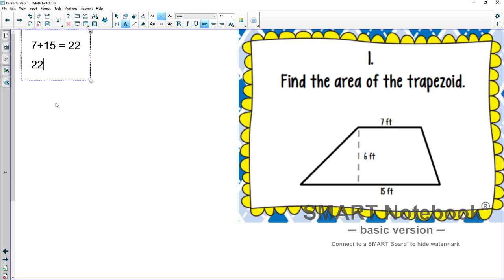So I would do 22 times 6. Put that in the calculator, we get 132. And what's the last step? I have to divide by 2. And you would get 66. Okay? And that's your area. Don't forget feet squared.